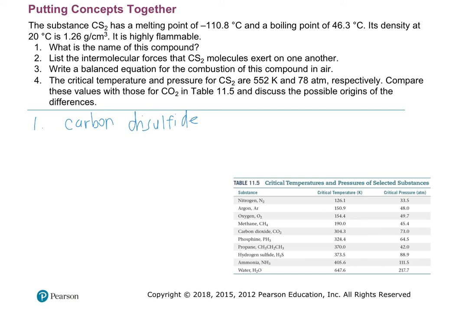List the intermolecular forces, so we need to do the Lewis structure. So we have carbon has 4 valence electrons, sulfur has 6 each, so 12 total. So we're going to have carbon, sulfur, sulfur, and we have 2, 4, 6, 8 for the bonds, 10, 12, 14, 16, but we need to have carbon have an octet, so I'm going to get rid of the electrons there and make bonds.